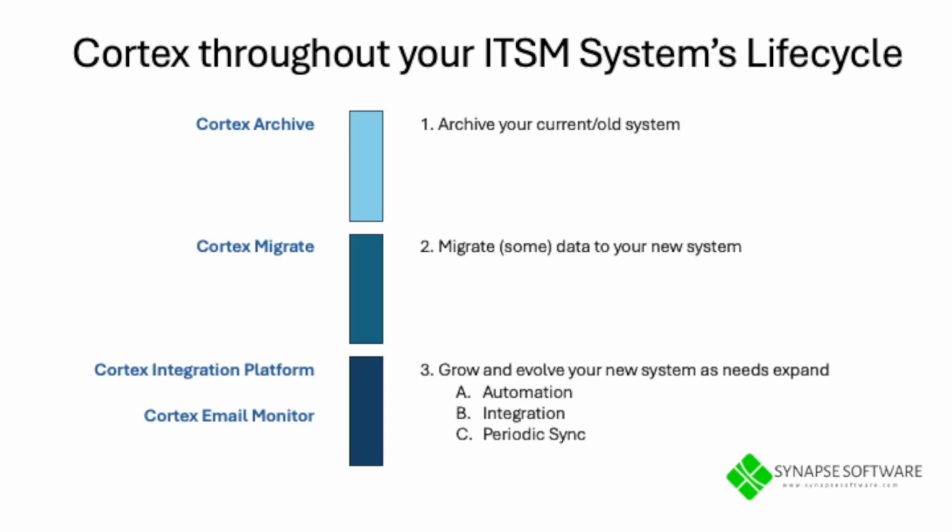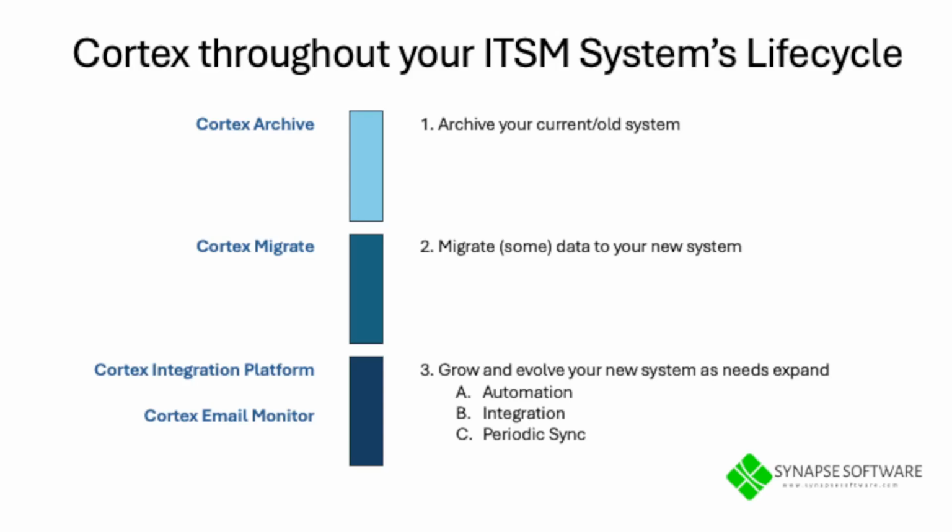And then, of course, once you start on a new ITSM system, it might be nice to have things like open incidents or in progress change requests migrated into the new system. So we've actually been building a set of features into Cortex that allow you to pull.